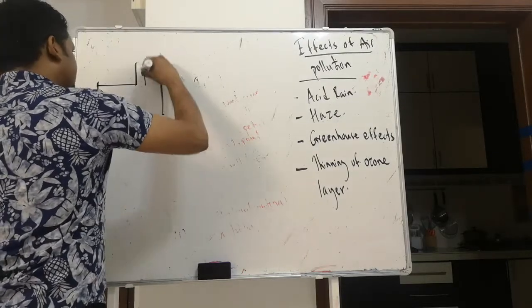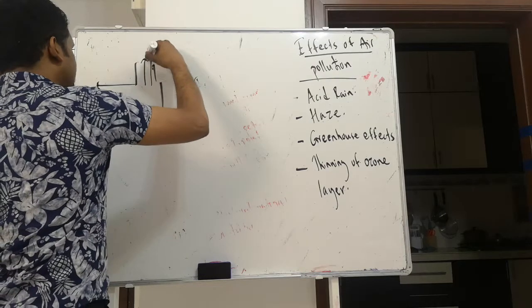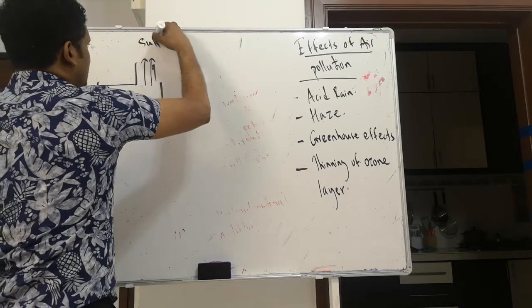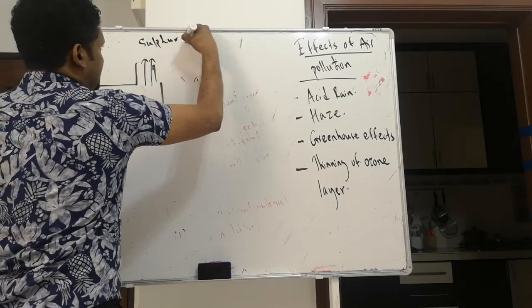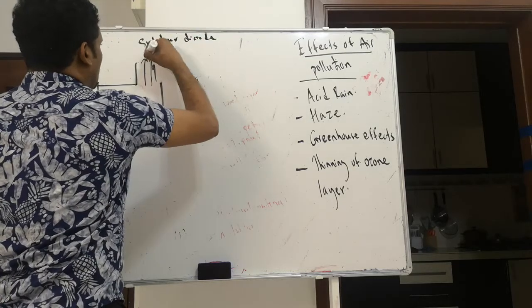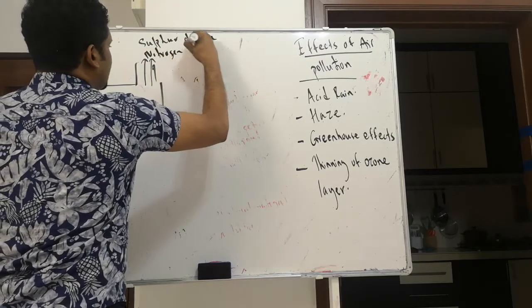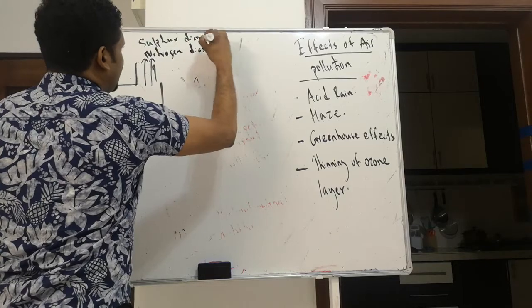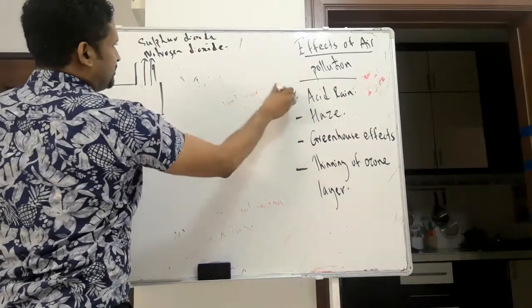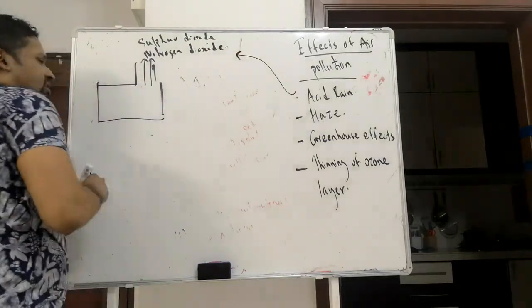Factories, or let's say certain vehicles, but mostly factories, release sulfur dioxide or nitrogen dioxide. So the culprits for acid rain are these two: sulfur dioxide and nitrogen dioxide.